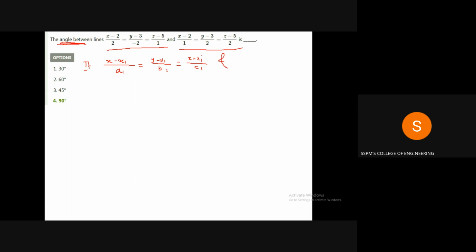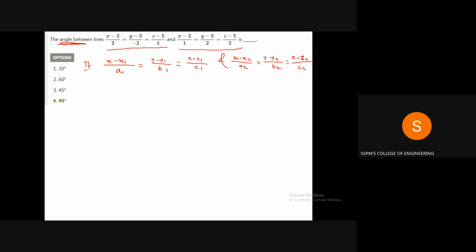This is one line, and another line is (x - x2)/a2 = (y - y2)/b2 = (z - z2)/c2, okay?